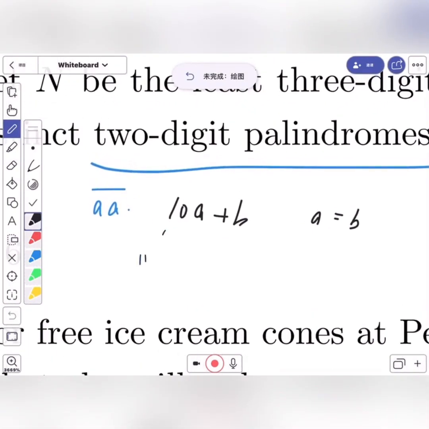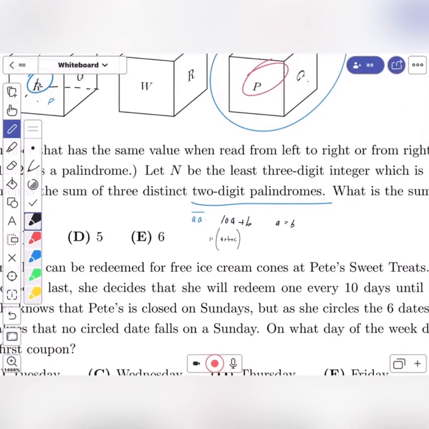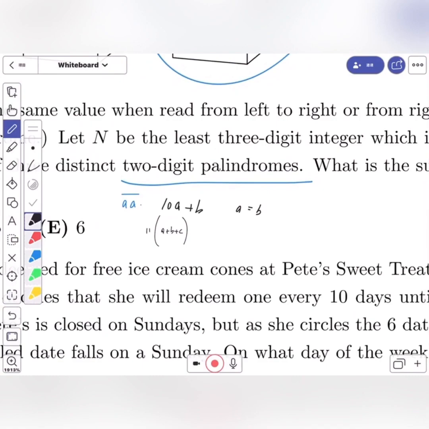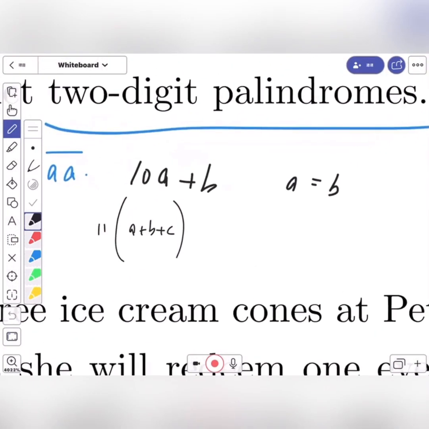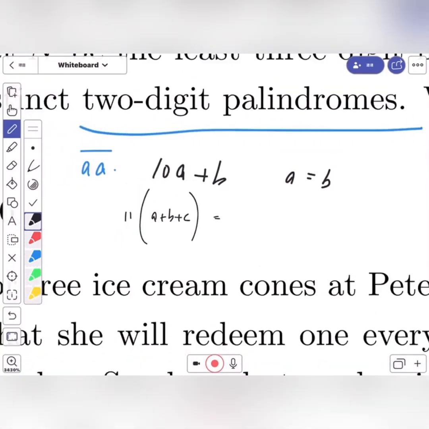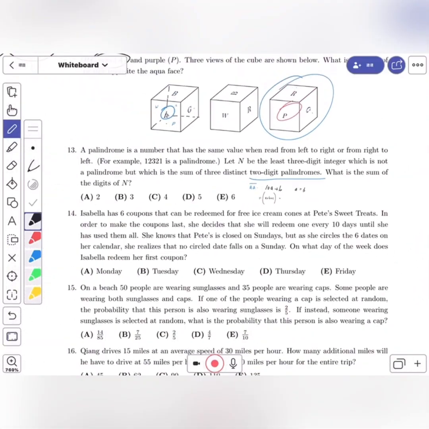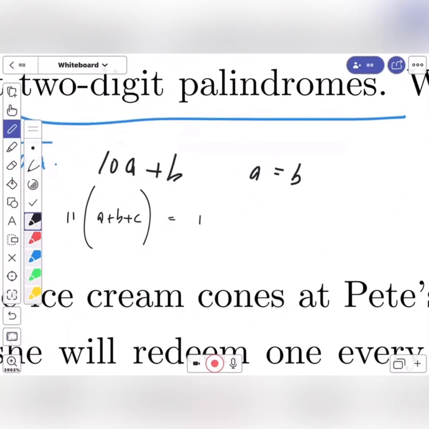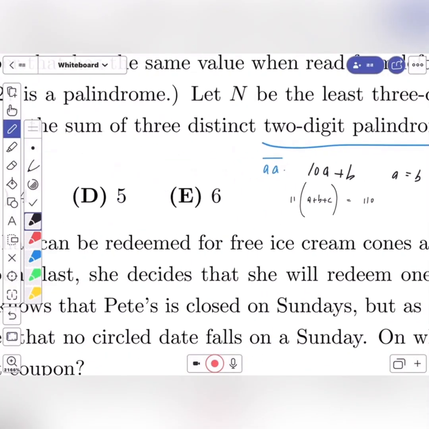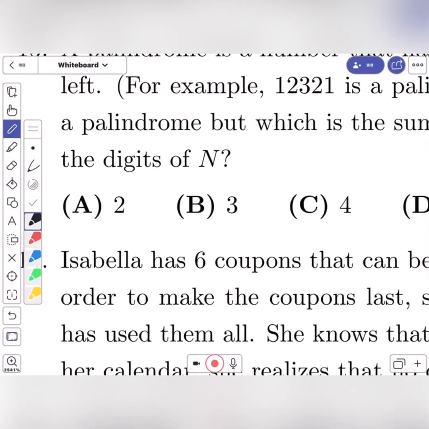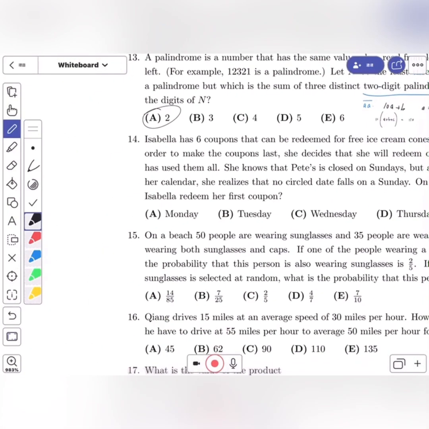So basically we have 11 times (a plus b plus c), since we have 3 distinct 2-digit palindromes, and a is not equal to b and is not equal to c. So what's the minimum such value? Well, clearly it's going to be 110, the least 3-digit multiple of 11. So our answer is simply the sum of digits, which is 1 plus 1, giving us 2, choice A.